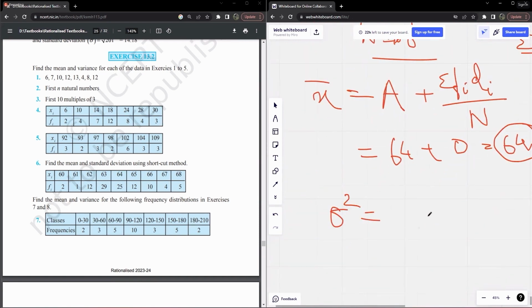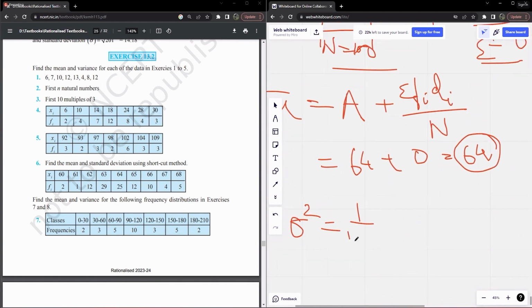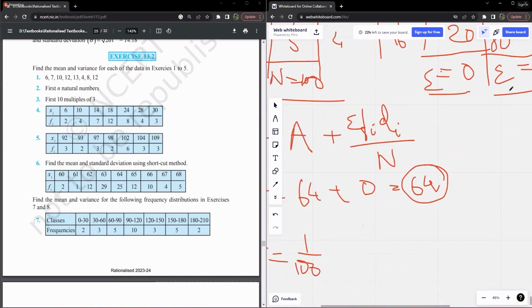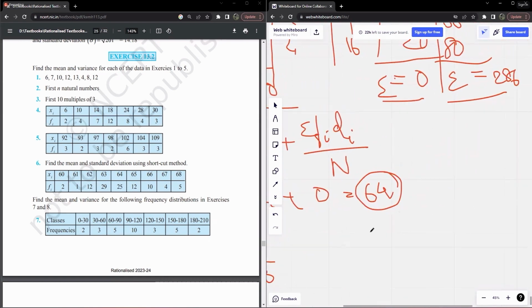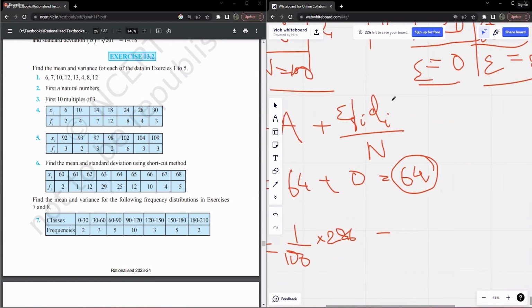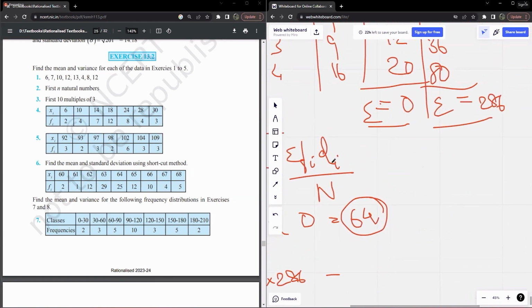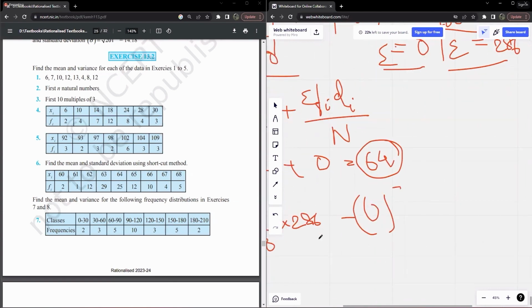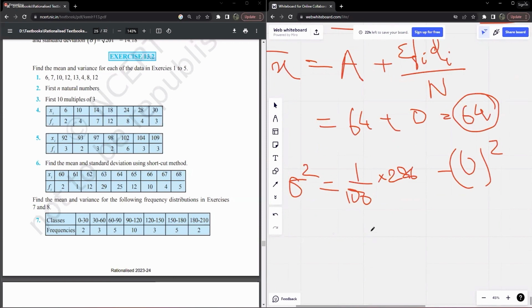And the sigma square then is going to be 1 by n, that is 100, times sigma of fidi square, that is 286, minus sigma fidi by n the whole square, which is 0, right? Minus 0 the whole square, which is basically 286 by 100, which I'll condense down to write as 2.86.